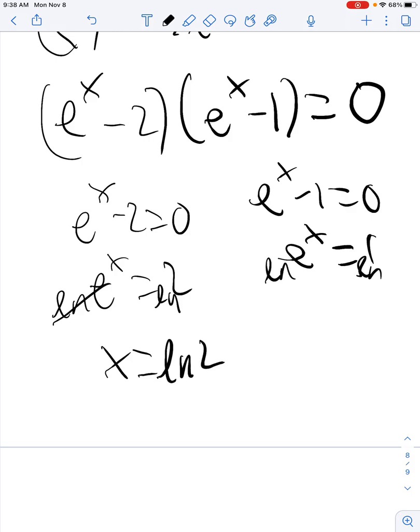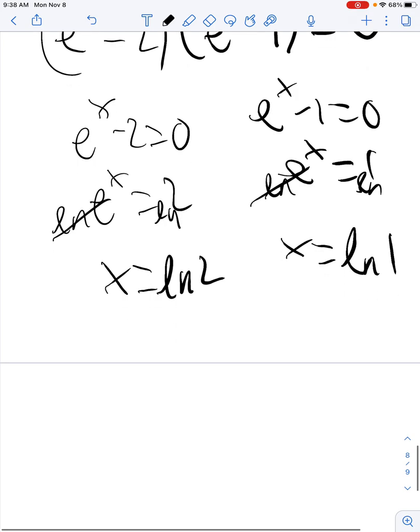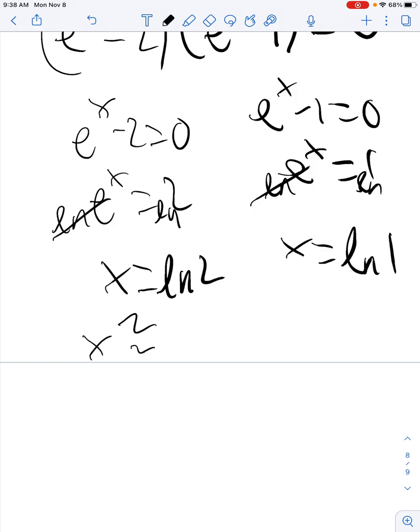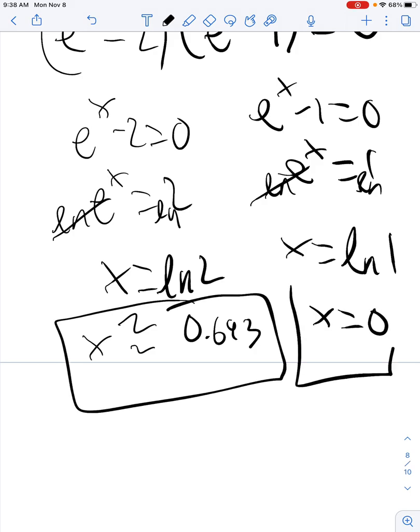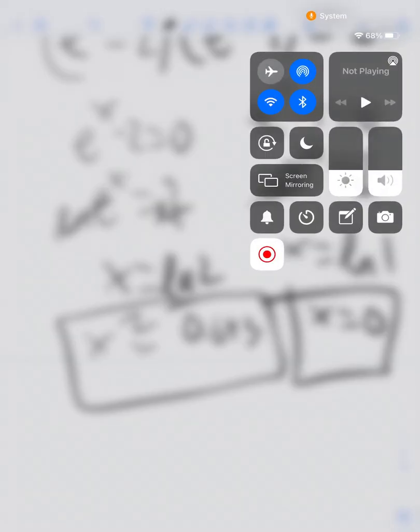This is going to cancel out. x equals the natural log of 2, or x equals the natural log of 1. The natural log of 2 is approximately 0.693, and the natural log of 1 equals 0. So these are our two answers.